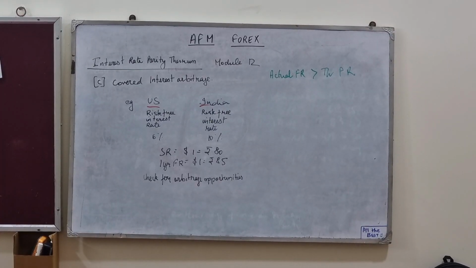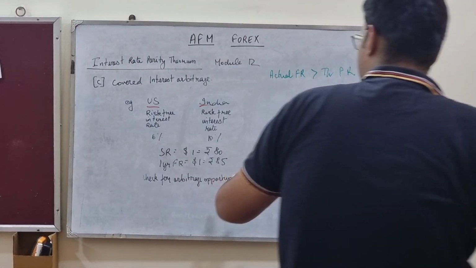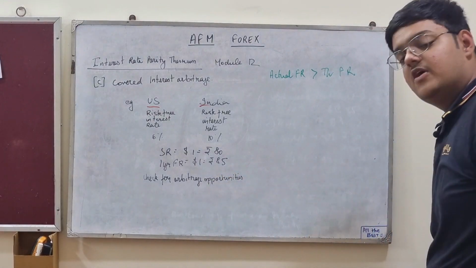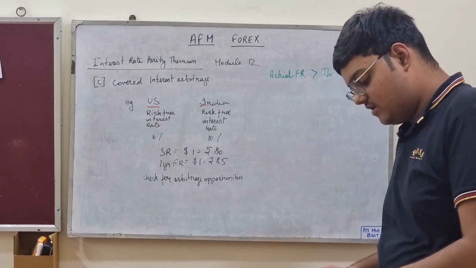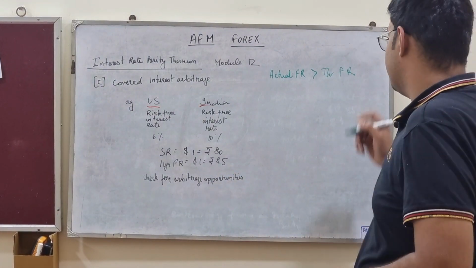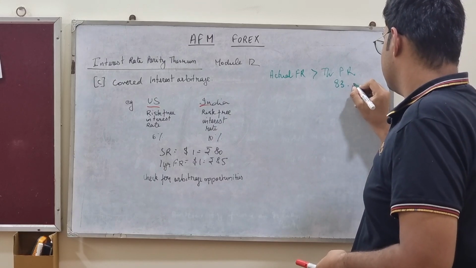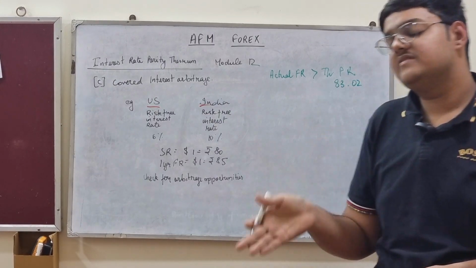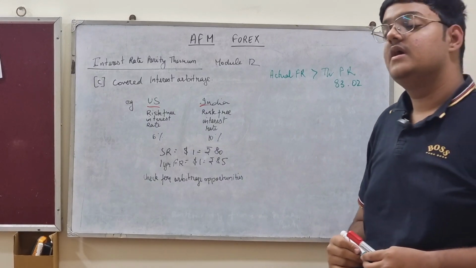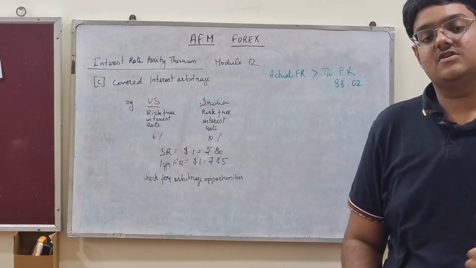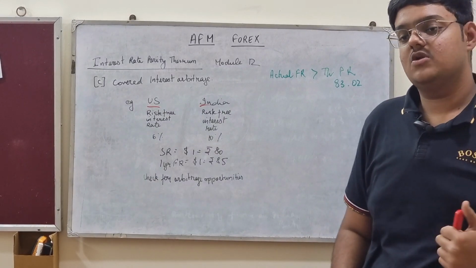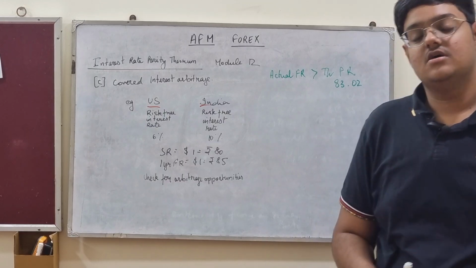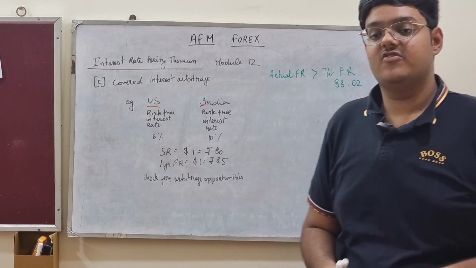Since the actual forward rate quoted, that is 85 rupees, is higher than the theoretical forward rate, which is 83.02, there are two paths that we can follow. Either we borrow in India and invest in foreign, or we borrow in foreign and invest in India. Only one of these paths will be profitable.